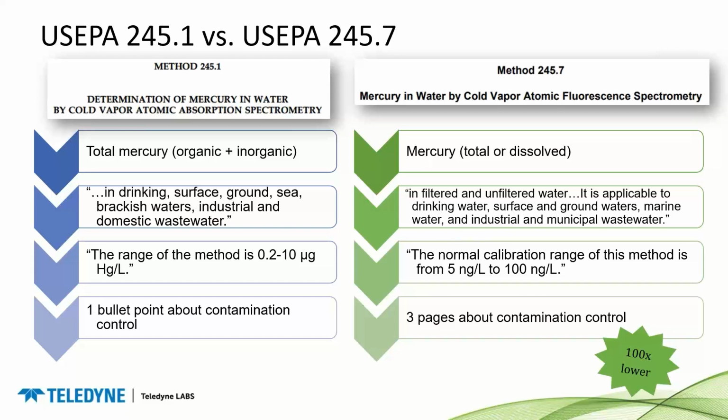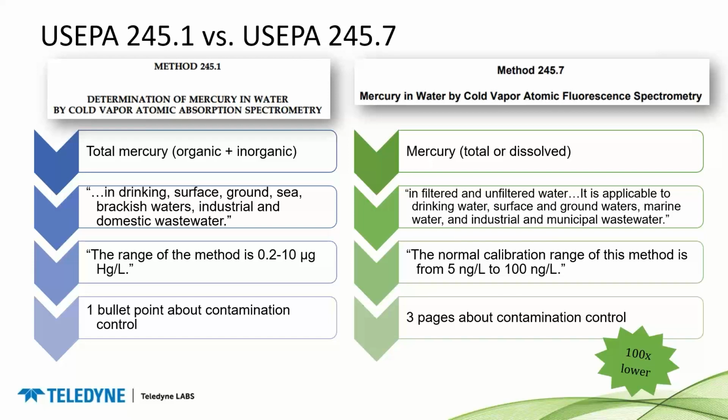245.7 requires a more sensitive instrument, and extra caution needs to be taken regarding contamination in all steps of the process, including the use of different digest chemicals. So for instance, in 245.1, there's only one bullet point in the entire method about contamination control, but in 245.7, there's 3 whole pages about contamination control.